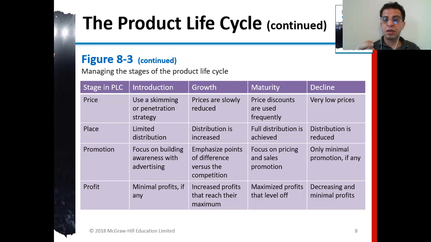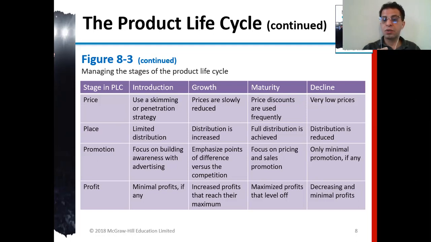In the place, there was limited distribution. We were focusing mostly on rich universities and colleges in rich countries like Saudi Arabia. Then the distribution increased. So we became doing it in Egypt and Bahrain and North Africa, somewhere in Africa also.